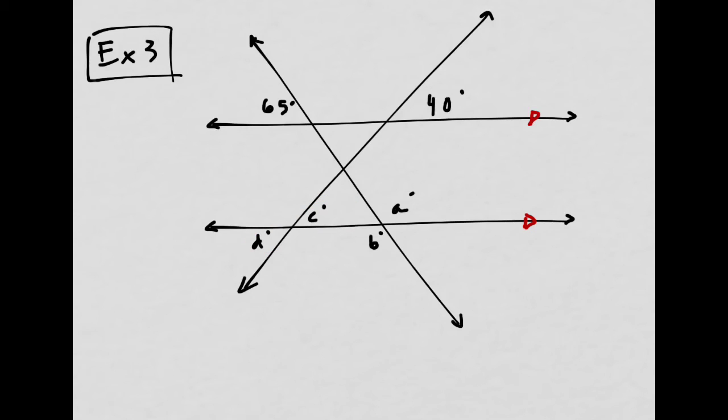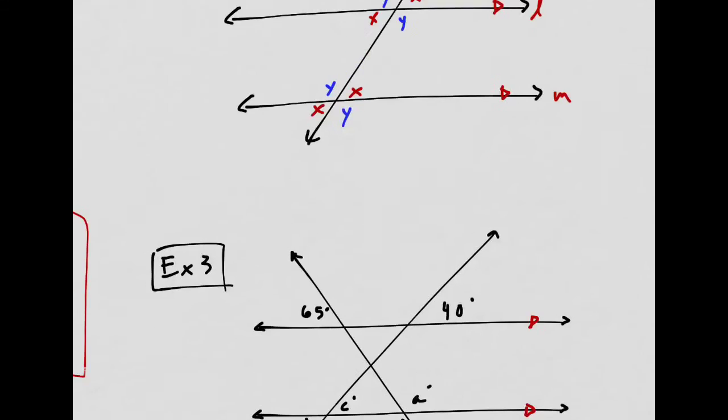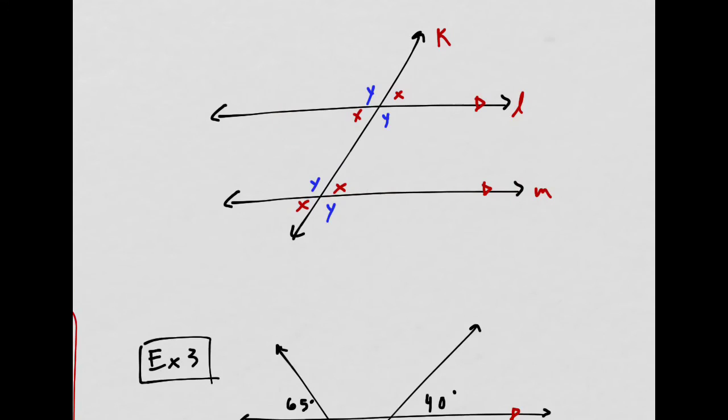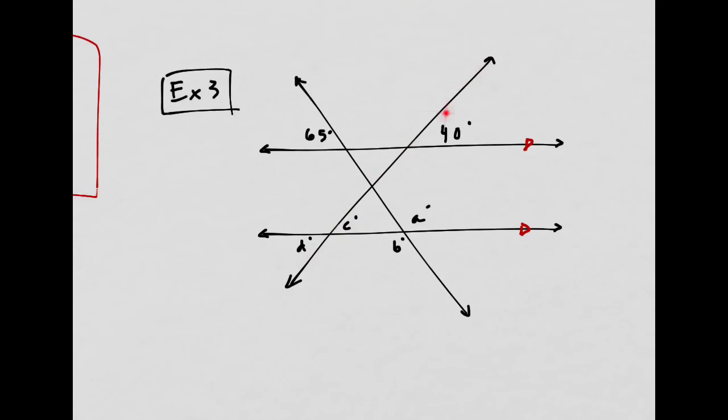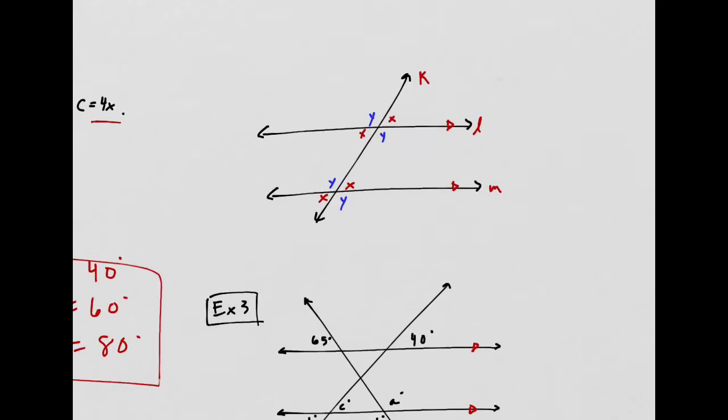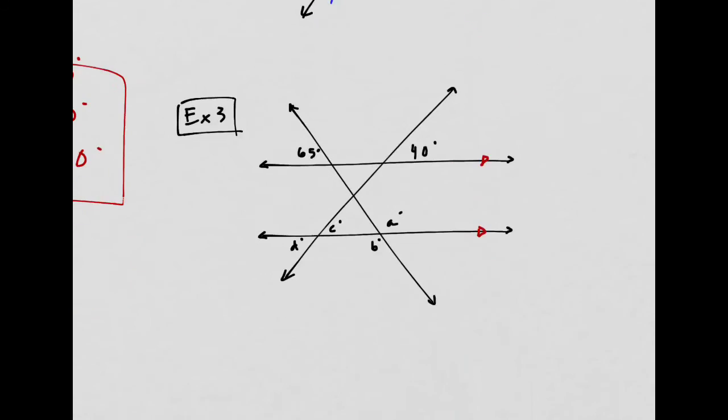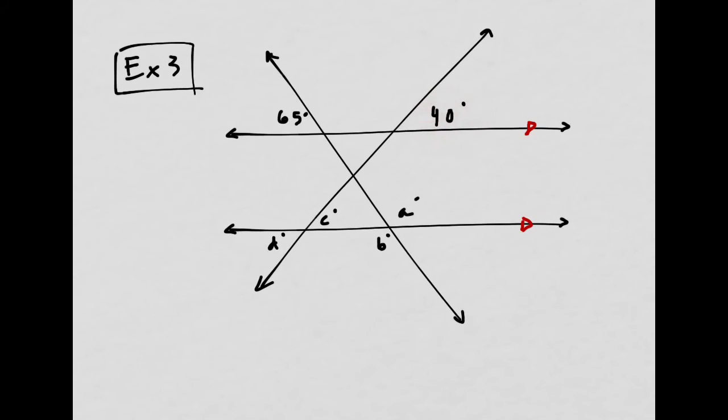And I could go through this, or I could use the theorems. I'm going to explain both. So hopefully you can follow this. If I were just to imagine this and this, those correspond to these lines. And this one transversal corresponds to this line. So I actually have alternate exterior angles.